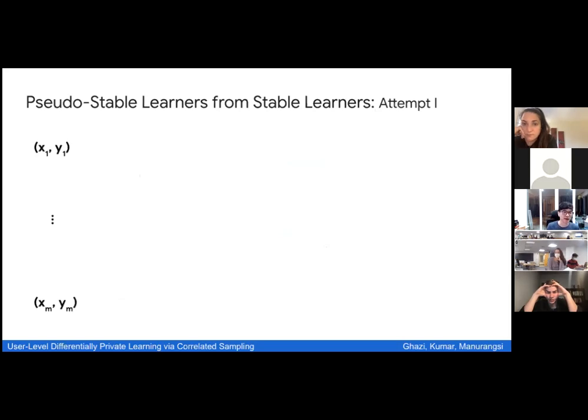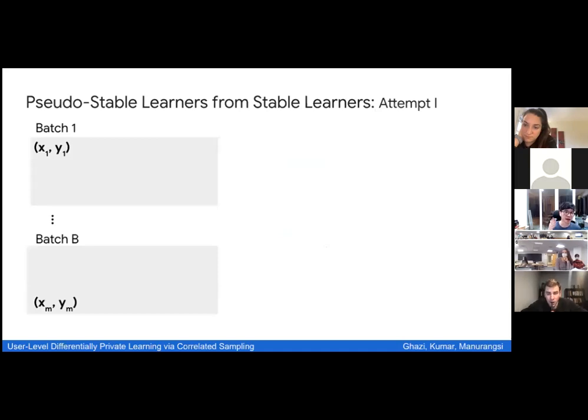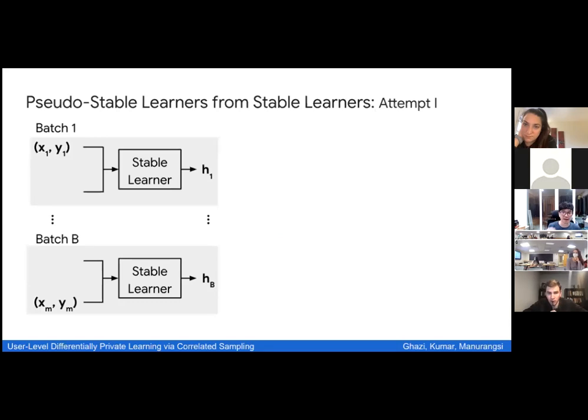Well, again, we are gonna run a bunch of stable learners, and then use them to construct this probability distribution mu. What this means is that we will divide our input sample into batches. I'm calling the number of batches B here. Then you're gonna run your stable learner to get H1 and so on to HB.